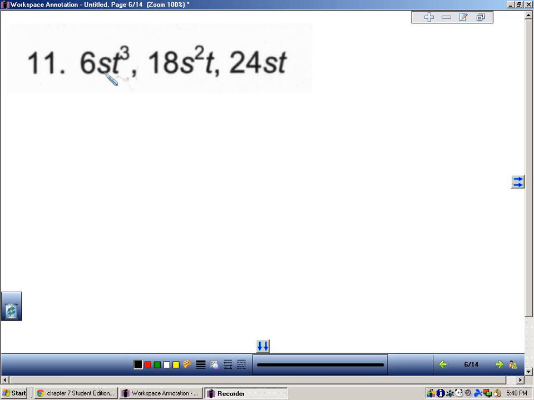Alrighty, here 6, 18, and 24. Okay, so we've got 3, and without having to factor these out, I can see that 6 is the greatest common factor. Okay, 6 goes into 6, 6 goes into 18 3 times, 6 goes into 24 4 times. And so my GCF, without showing all of the work, 6.